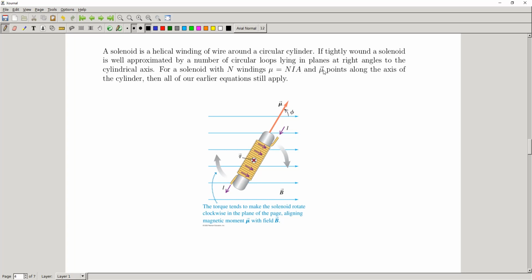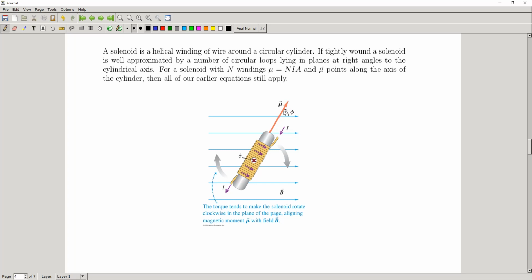And again, our mu, our magnetic dipole moment, is simply going to point, just like it would for any one of these surfaces, following the right-hand rule. You can imagine grabbing this solenoid with your right hand. Your fingers are curling around in the direction of these purple current arrows, and your thumb points in the direction of the magnetic dipole moment.